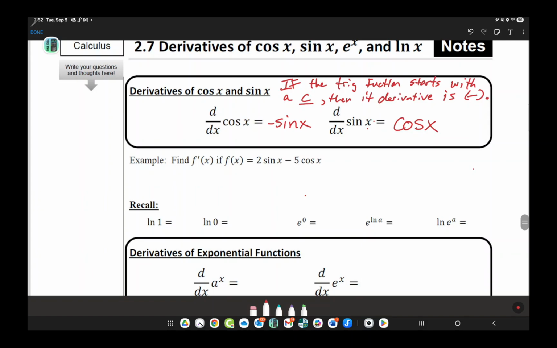That's just a pattern that comes up. It does make it easier when you're trying to think about what signs you need, like is it positive or negative? Well, if it started with a c, its derivative will be negative. If it didn't start with a c, its derivative will be positive.